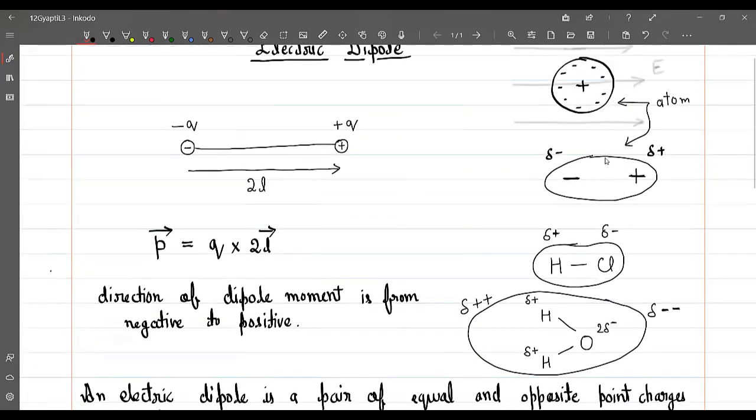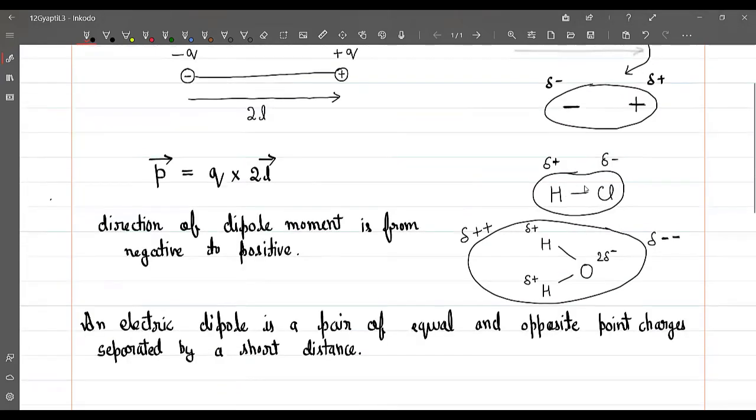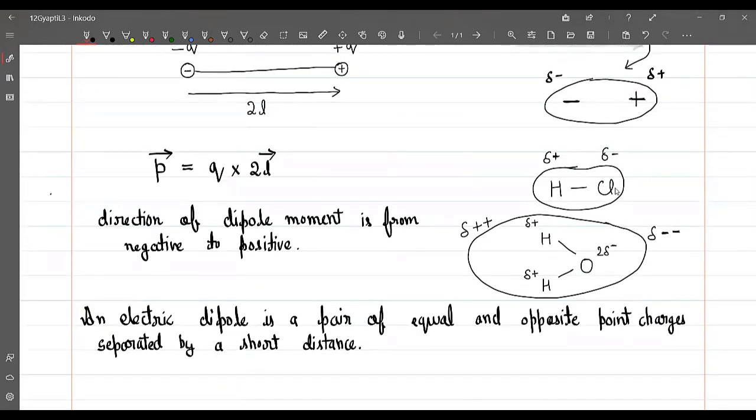So, this atom, when electric field was applied to it, it became an electric dipole. HCl acts as a natural electric dipole. Same goes for H2O. H2O molecule is a natural electric dipole.